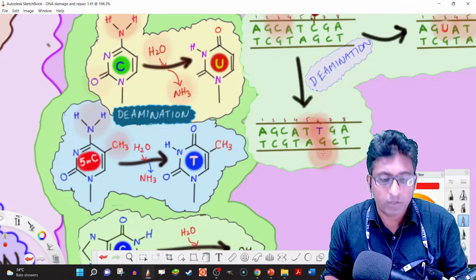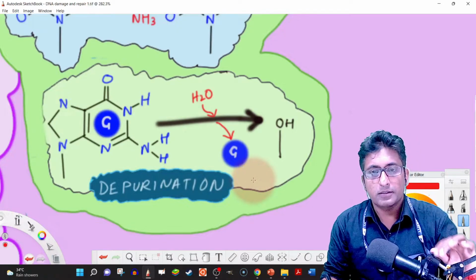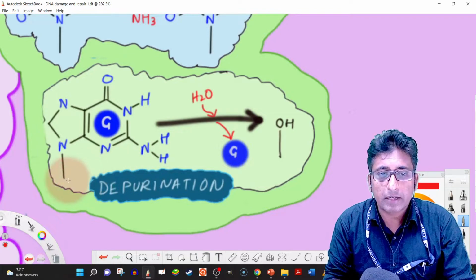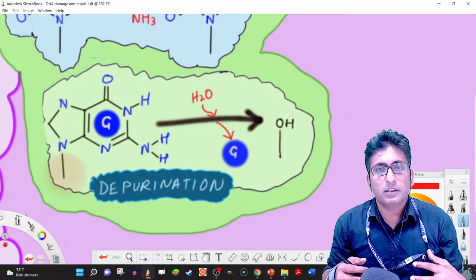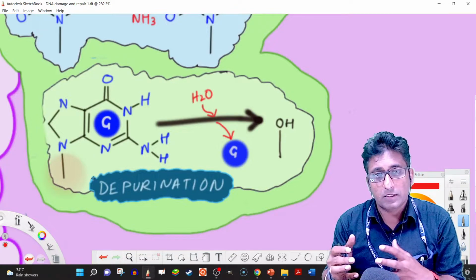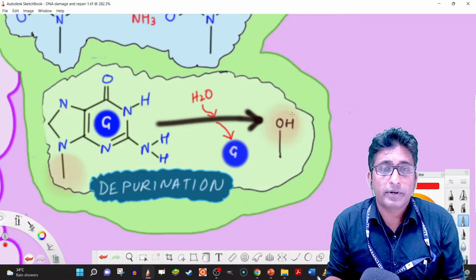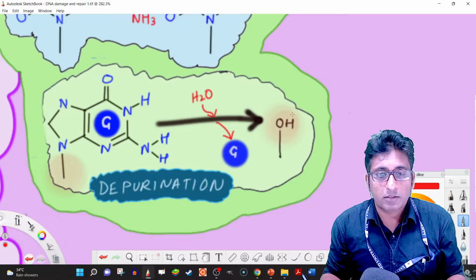Water can also do many other things. It can even break the glycosidic bond that is present here, and that could result in the loss of the whole base from that DNA, and it will be left with an epimeric site. So the whole base is lost.